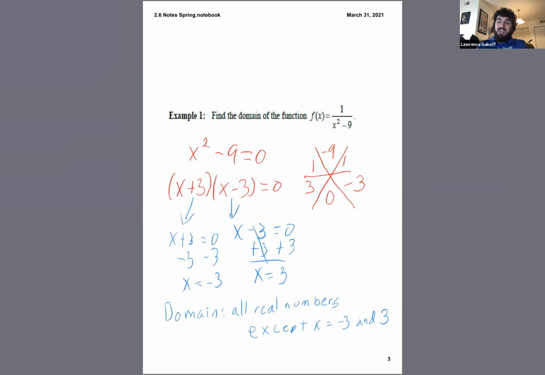But if we see something cancels out in both the numerator and denominator, it ends up being a hole as opposed to an asymptote. So I'm going to share my screen so we can look at this on Desmos.